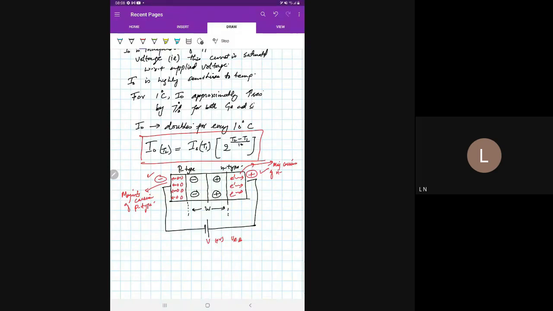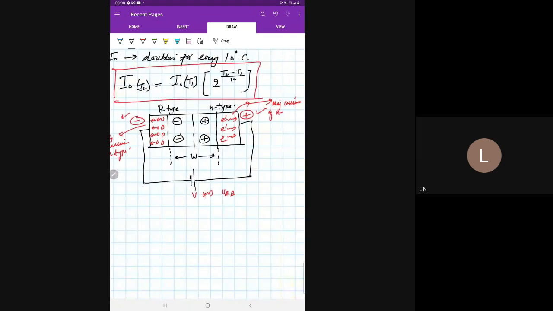Okay, we can then summarize this. We can write down this. In a reverse bias diode, majority carriers move away from the junction.